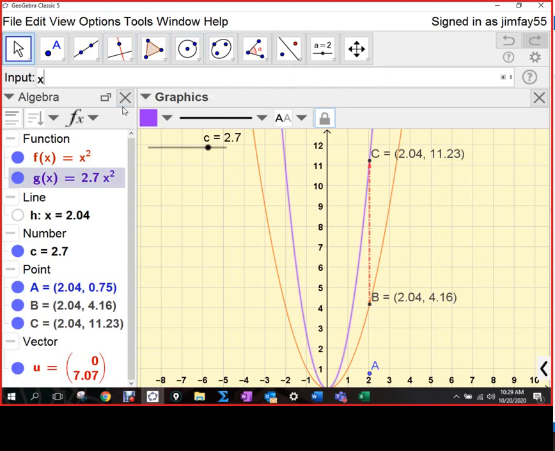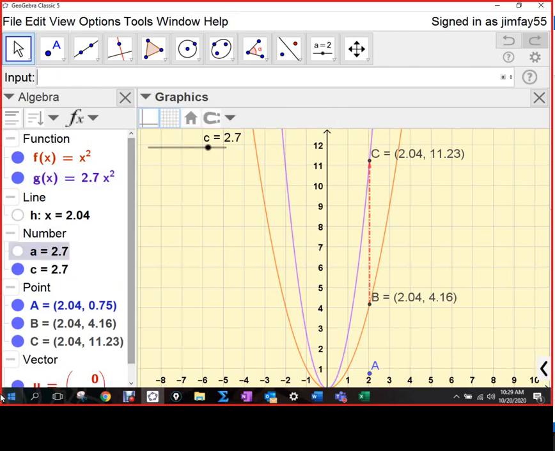If I take the y value of point C divided by the y value of point B, you see that it highlights there that the solution is 2.7. Well, how does that 2.7 relate to our function? It's that constant out in front, right? Okay, so what's that telling me? That number right there multiplied by 2.7 gives me that number right there, okay?